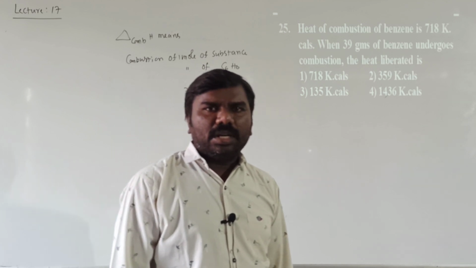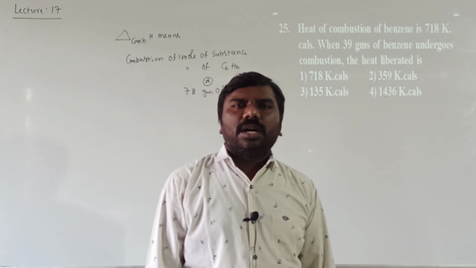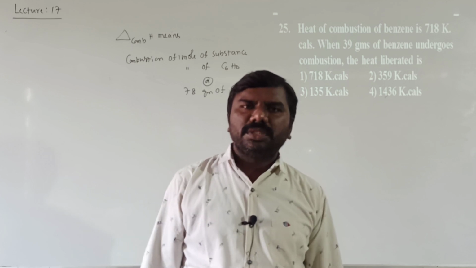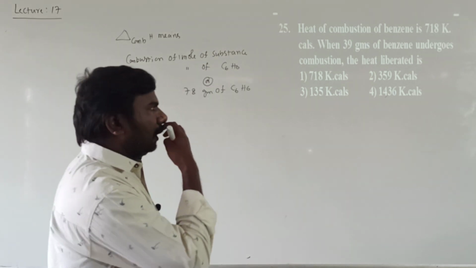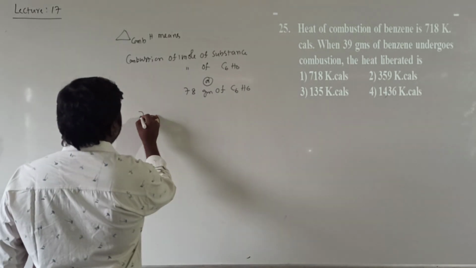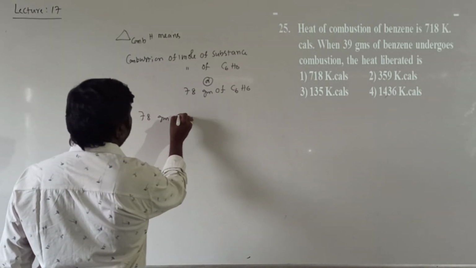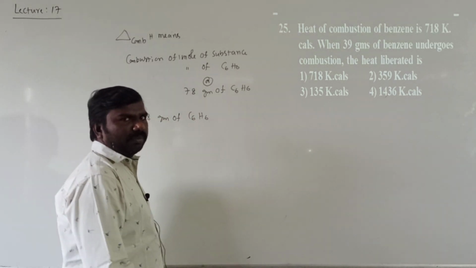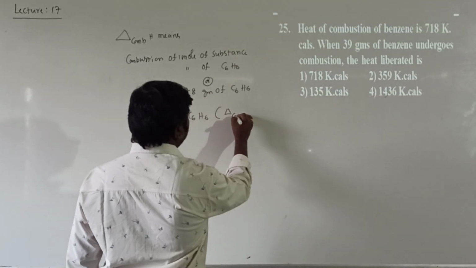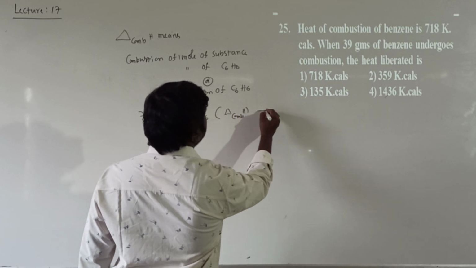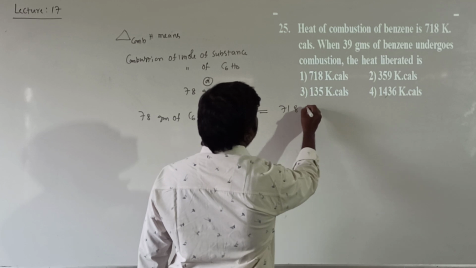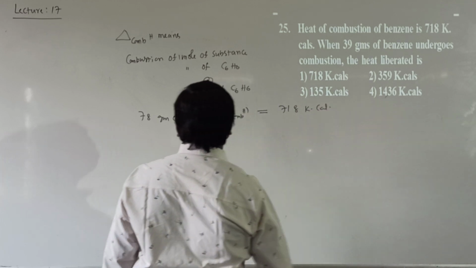The amount of heat released when 1 mole of a compound completely burns is called the heat of combustion. 1 mole of benzene means 78 grams. Then the combustion of 78 grams of C6H6 is the heat of combustion, equal to 718 kilocalories given.